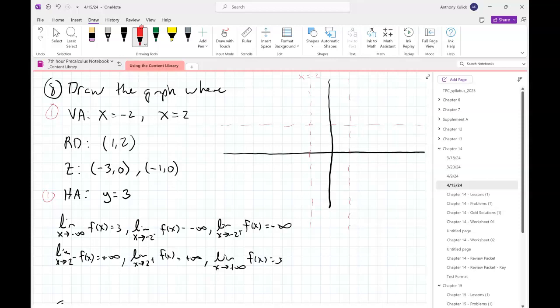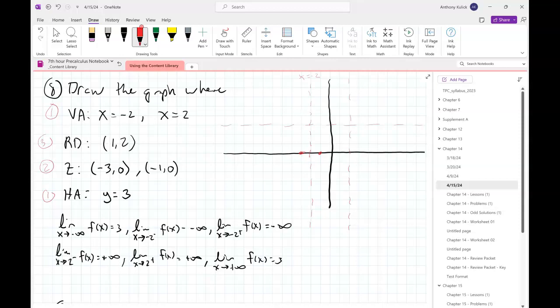So far, so good. The next thing I'm going to do is draw my zeros. The third thing I'm going to do is draw in my removable discontinuity or my y-intercept if I have them.